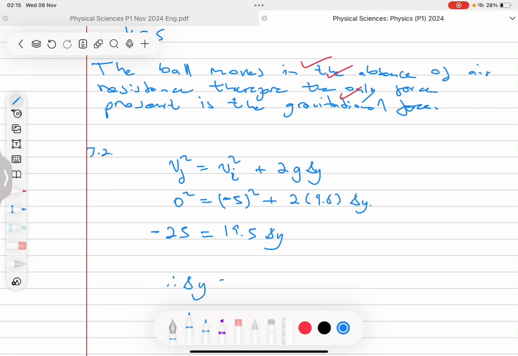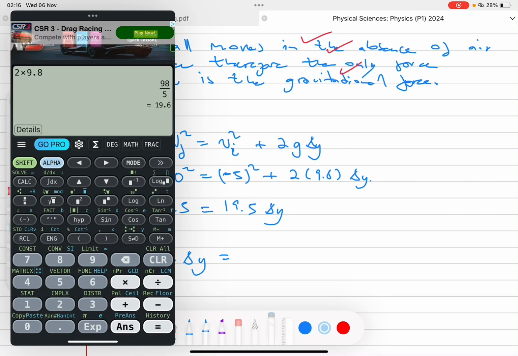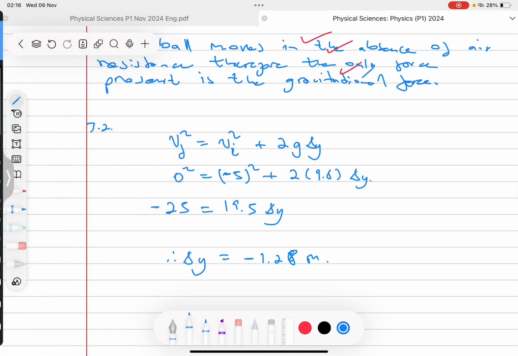So this means our height, or rather our displacement, would be, I'm going to divide here by 19.5 and 19.5 as well. On this side, the 19.5 would cancel. Now on my calculator, I will have negative 25 divided by 19.5, and my answer comes out to be negative 1.28 meters.